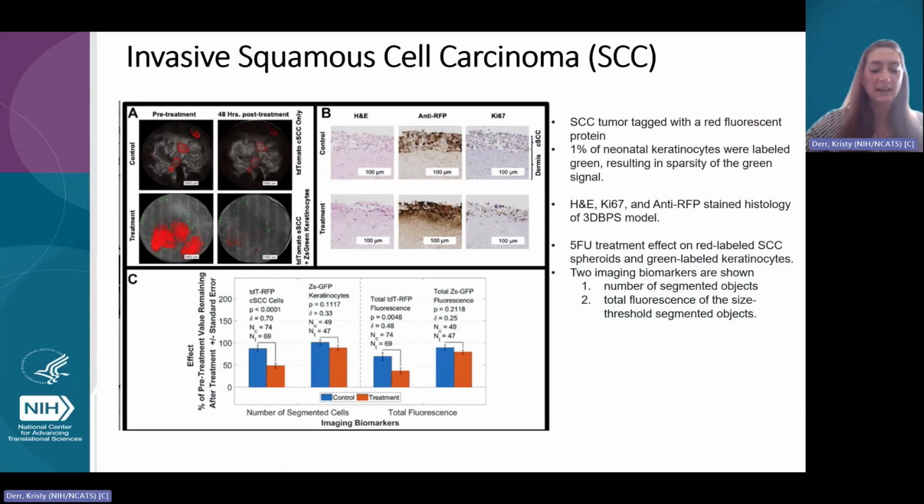So this indicated that 5-FU changed outcome for SCC versus keratinocytes. A dose response study showed increased reduction in the number of segmented cells for a 2 micromolar 5-FU treatment compared to untreated controls versus a 1 micromolar treatment compared to untreated controls.